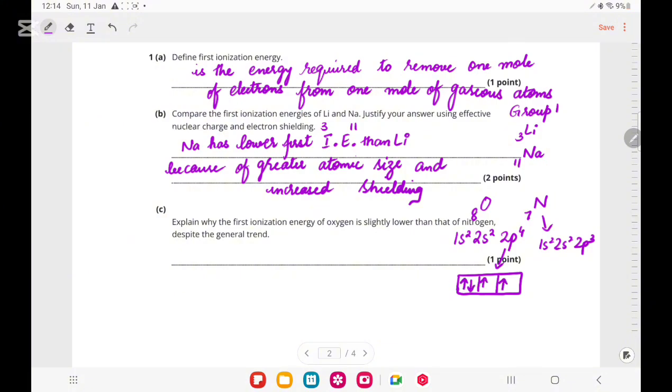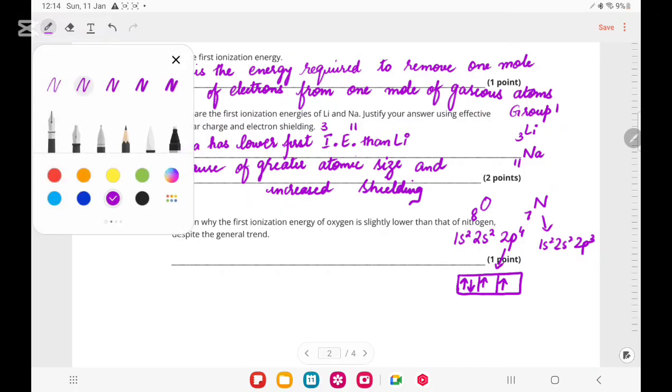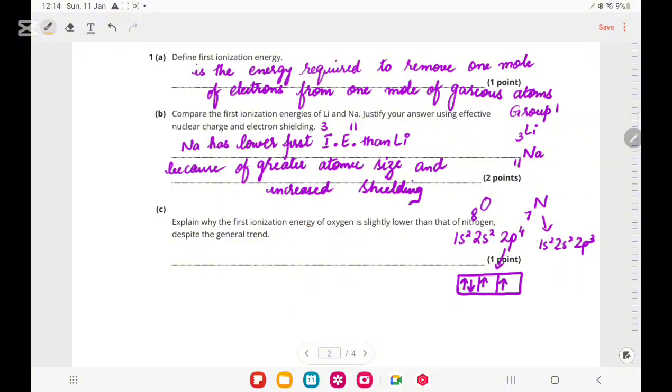In the 2p4 orbitals of oxygen, one orbital has 2 electrons paired together, so there is repulsion between the electrons and it has lower ionization energy.